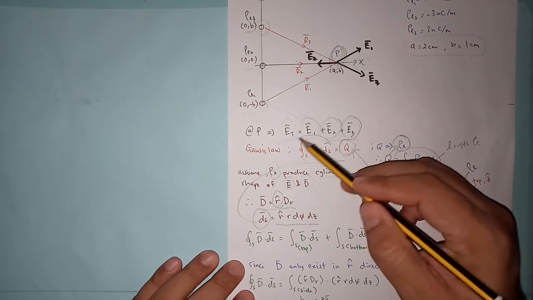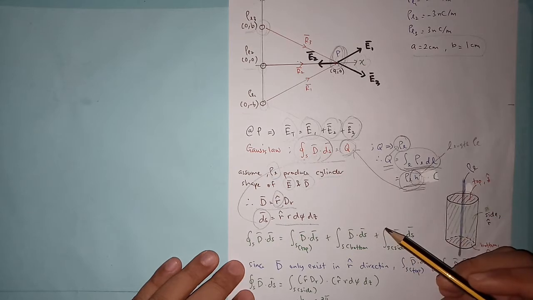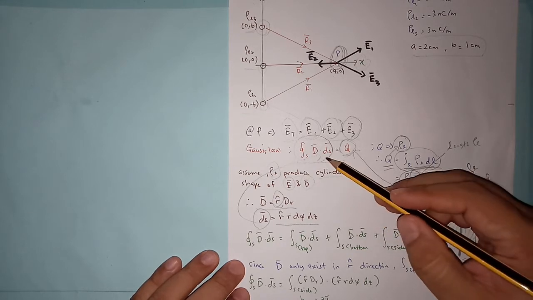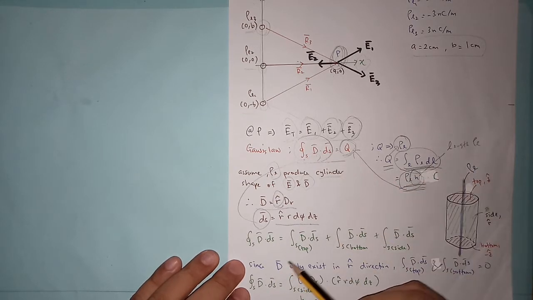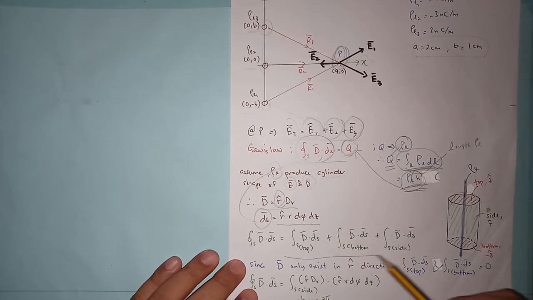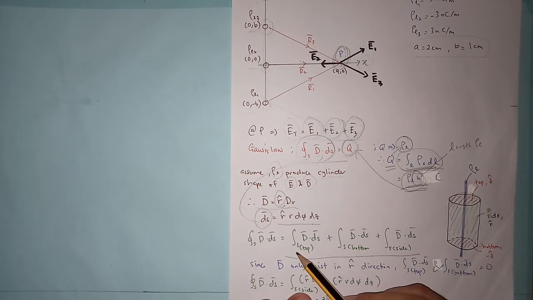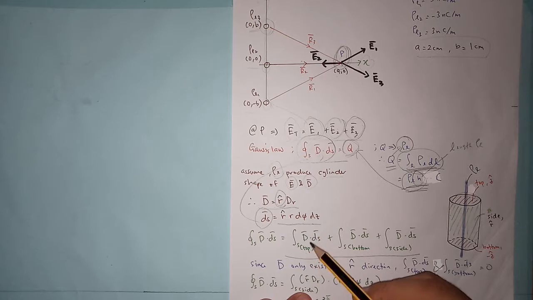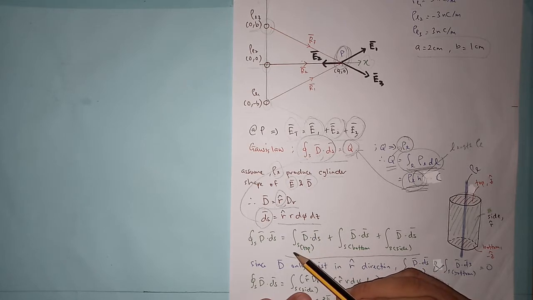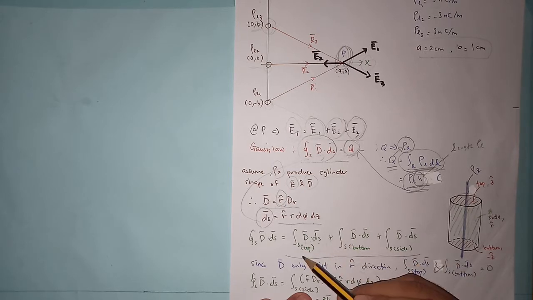By considering this side of the Gauss law expression, in order to solve it we need to perform this series of steps. First, we need to perform a surface integration of vector D dot vector dS on the top surface.